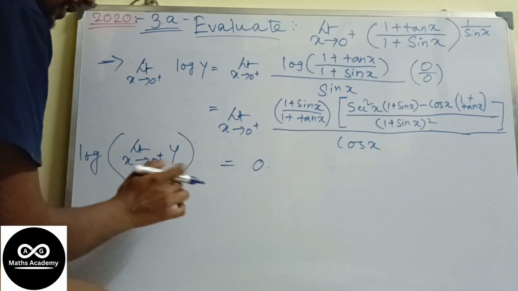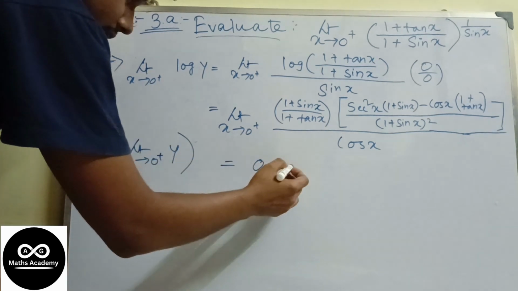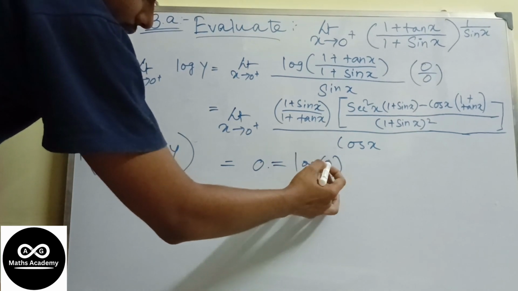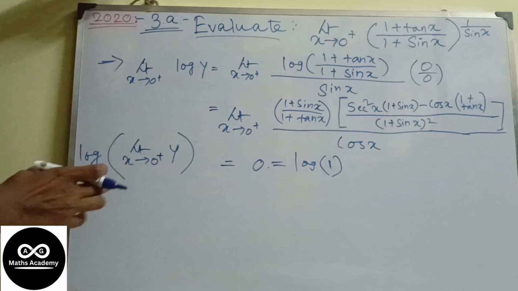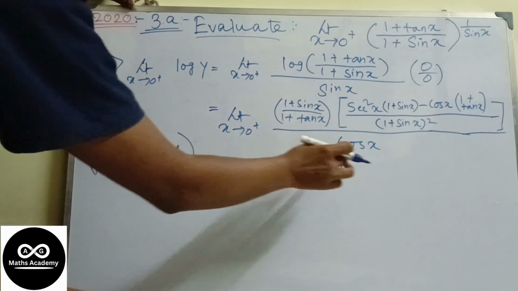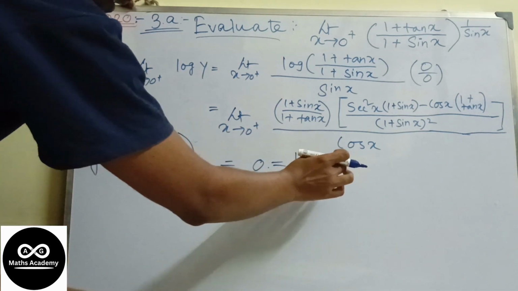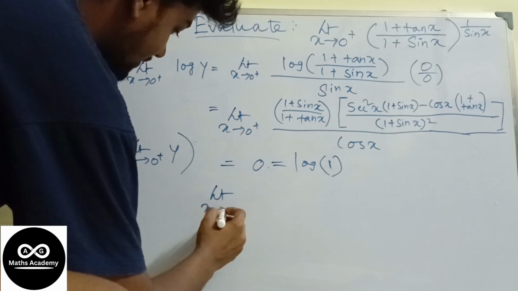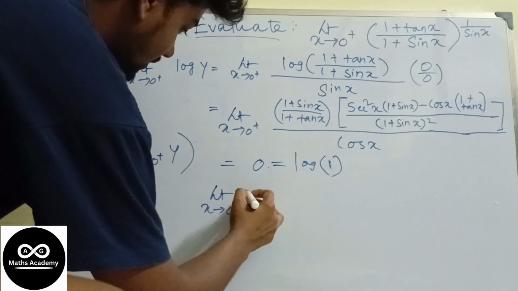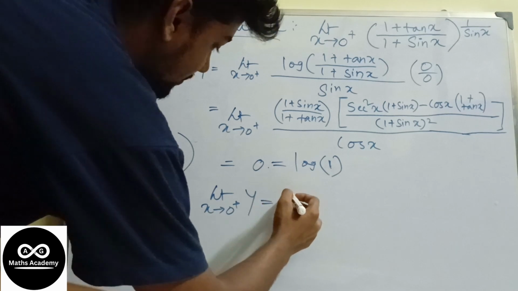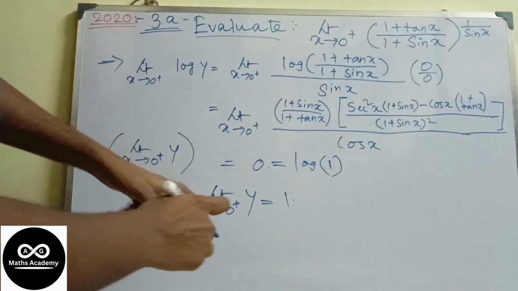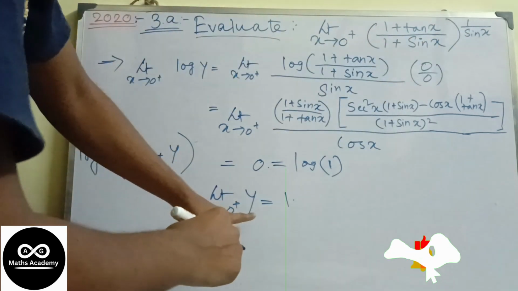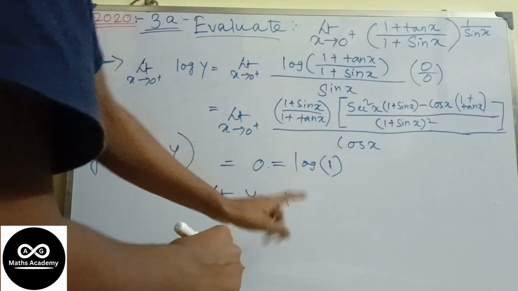So log of this thing, this is 0, which is log of 1. So log of this is equal to log of 1. So this will be same as 1. So limit x tends to 0 plus y will be equal to 1, and y was the whole thing. So limit of this thing will be 1.